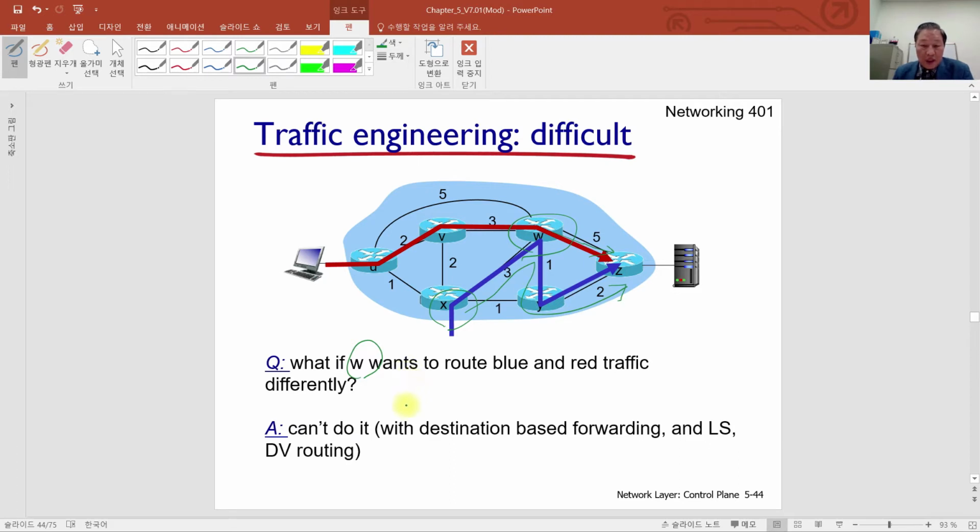This is not possible with destination-based forwarding. Our previous traditional routing scheme is simply destination-based forwarding, and with link state and distance vector routing, we cannot do that.